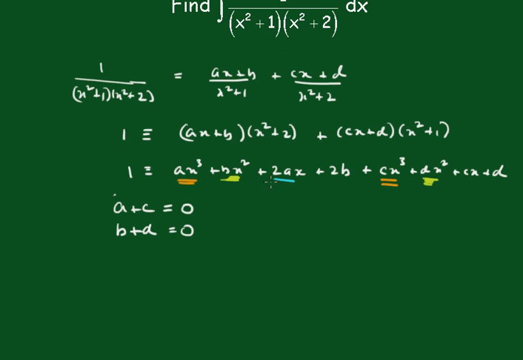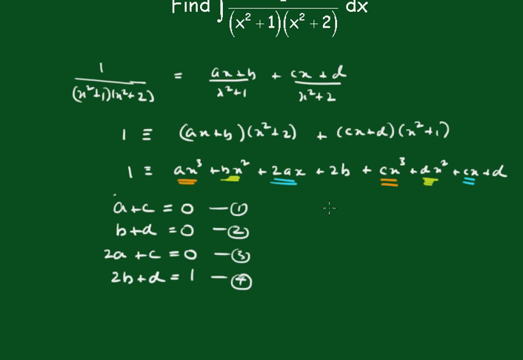Take this one, and we can see that 2a plus c must equal 0, and finally 2b plus d must equal 1. Right, we'll call that equation 1, equation 2, equation 3, and equation 4.